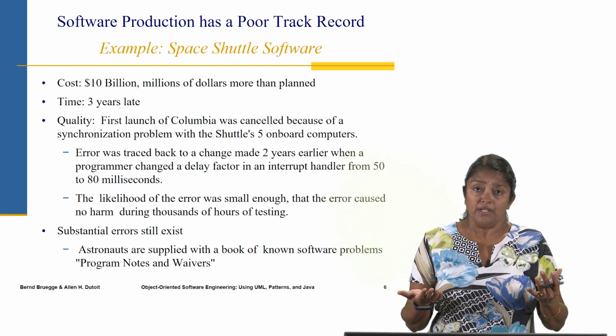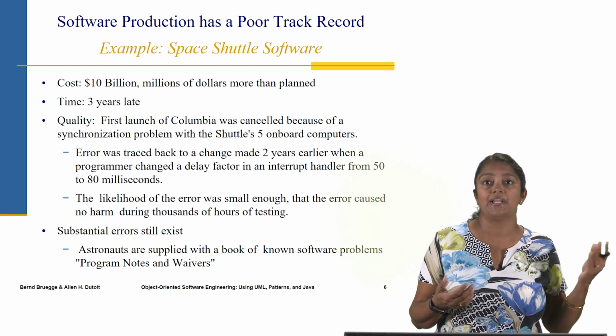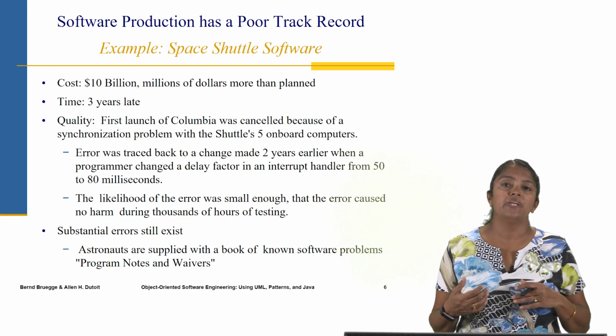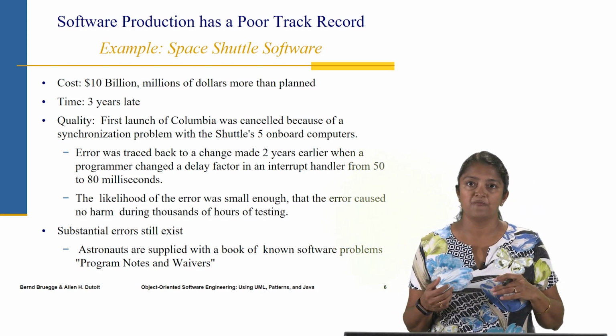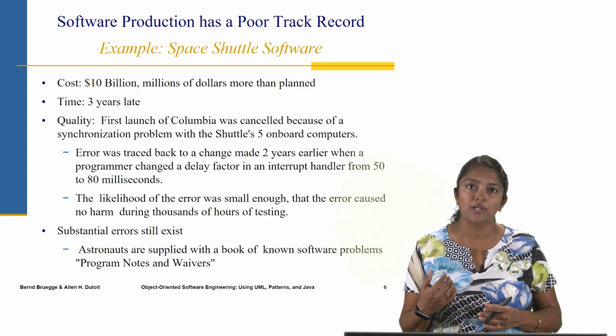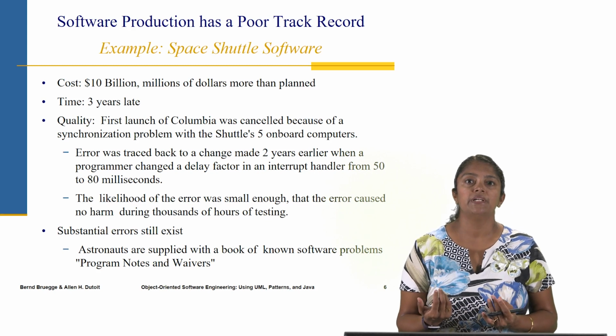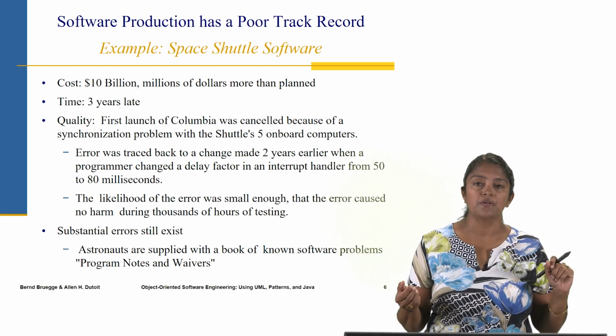It took 3 years longer to build, 3 years beyond the originally planned time frame. Now, how about the quality? The first launch of Columbia had to be cancelled because of a synchronization problem with the shuttle's 5 onboard computers.